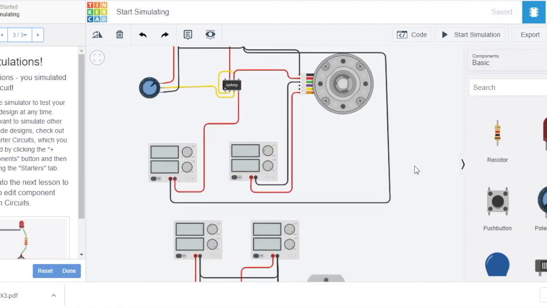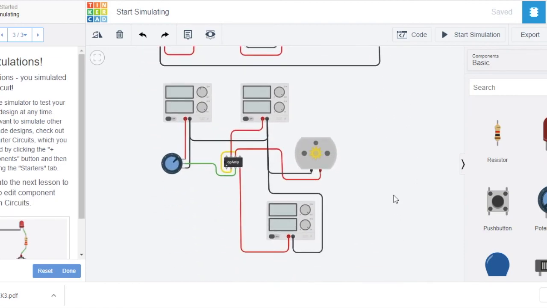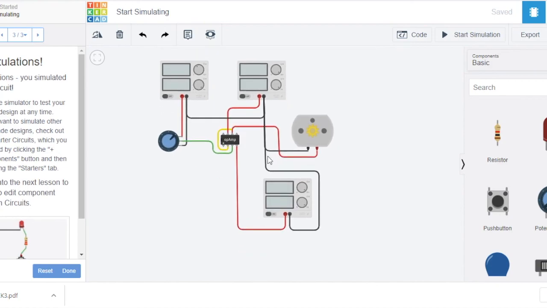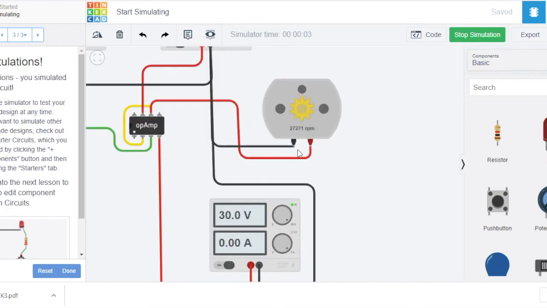Let's look at the normal motor. Same, we connect to the amplifier and potentiometer. Let's see what happens for the normal motor. Okay, for the normal motor, we can see the sensitivity is 27,271 rpm.